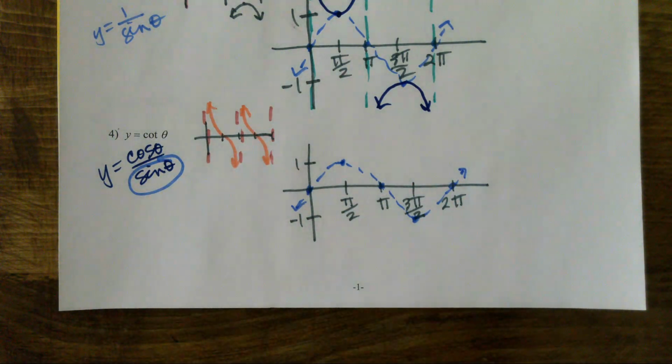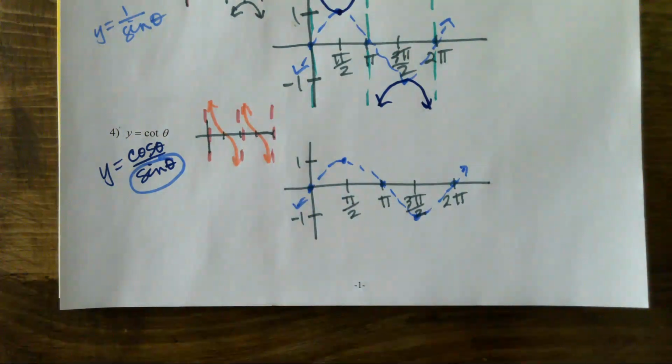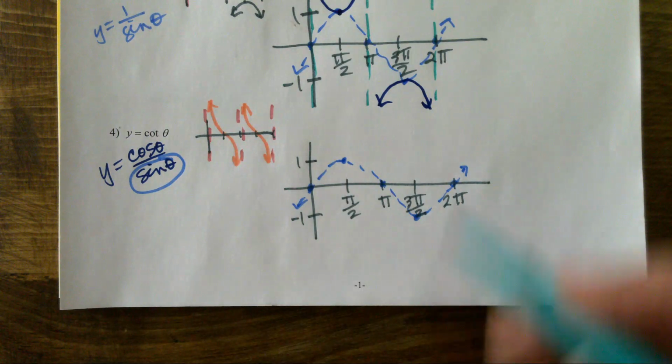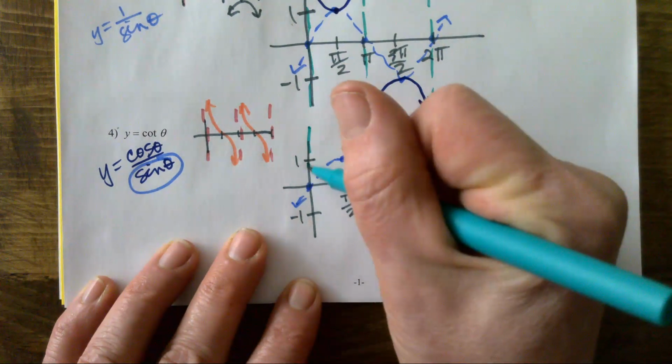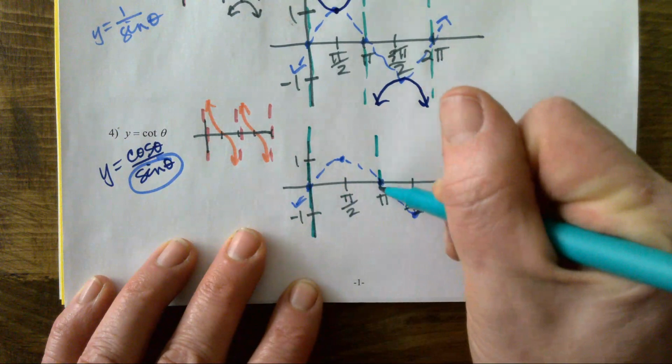So I graphed the sine, and that being the denominator tells me when I have zeros in the denominator. My zeros happen when the sine crosses the axis, and it also tells me where my asymptotes are.